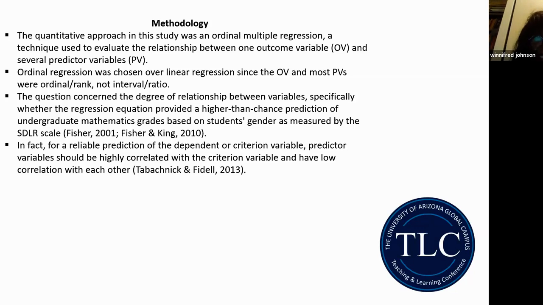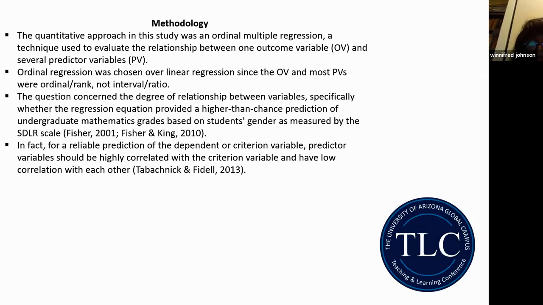The question concerned the degree of relationship between variables, specifically whether the regression equation provided a higher than chance prediction of undergraduate mathematics grades based on students' gender as measured by the self-directed learning readiness scale based on Fisher and King.